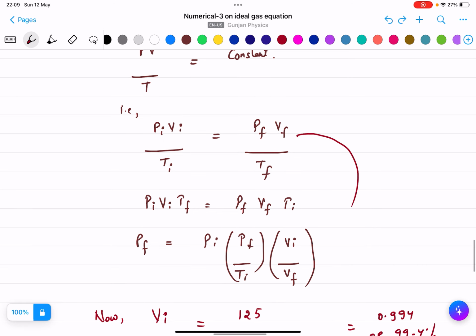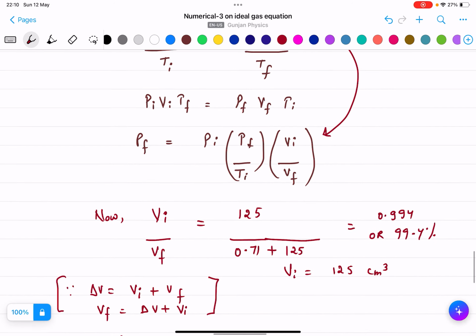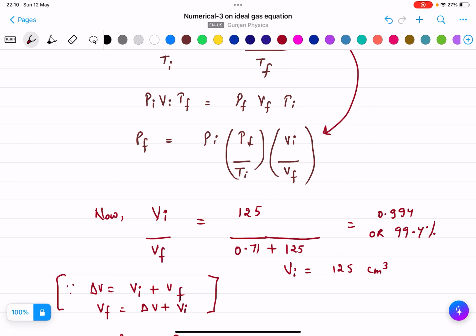So from this I am getting this formula, right? Now I need to calculate Vi over Vf, because we need to see what is the change if we change any volume. So what is the initial volume? It is 125, so I place the value here.